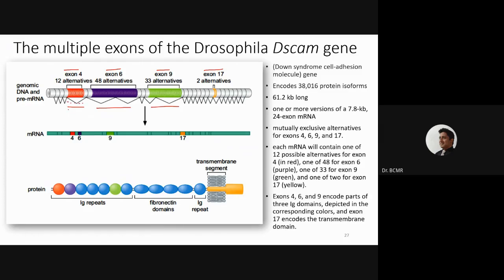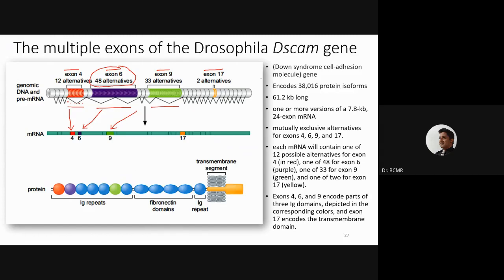That means one alternative of exon 4 will be included, one alternative of exon 6, and one of exon 9, and so on. You can look at this: there are 48 alternatives of exon 6. That's a huge amount of diversity again, right?